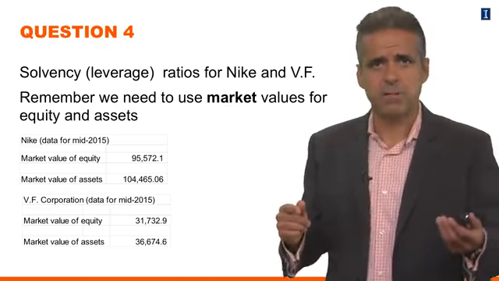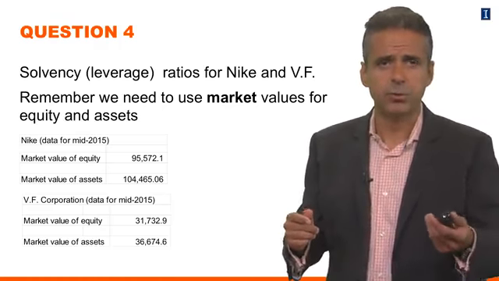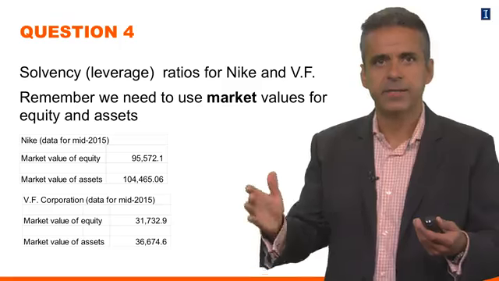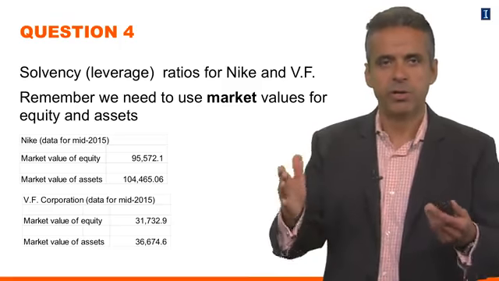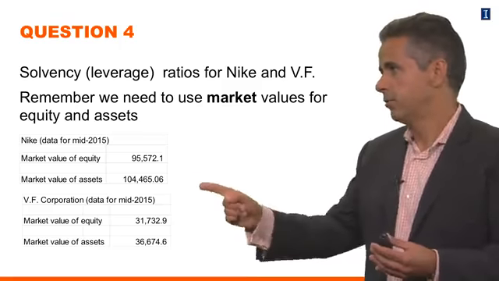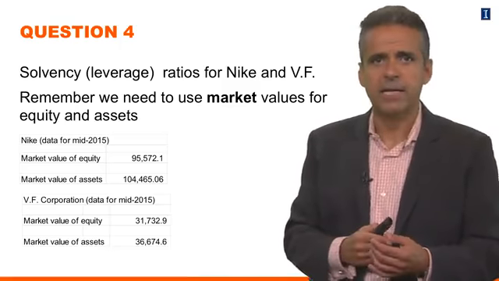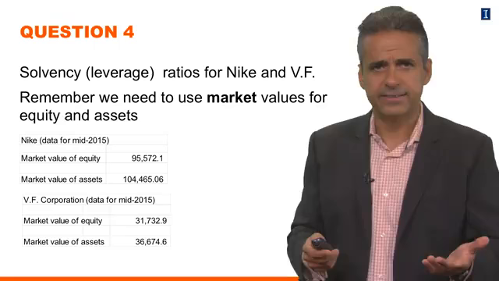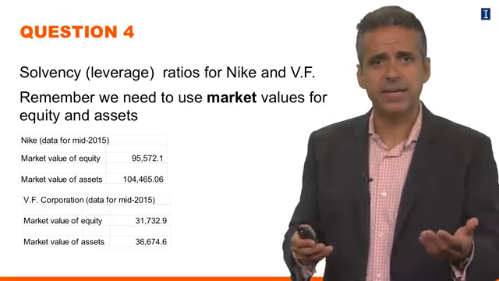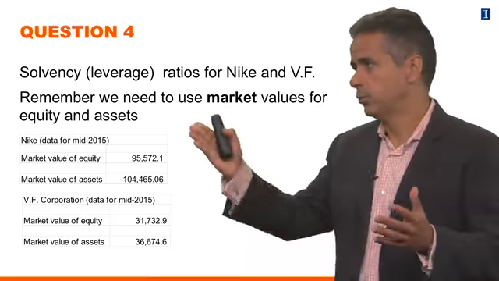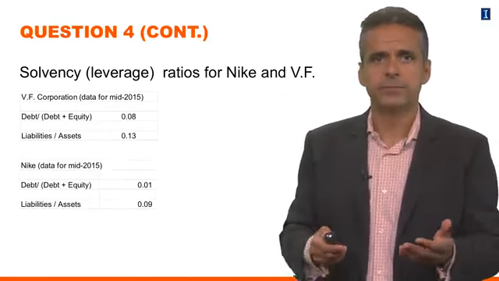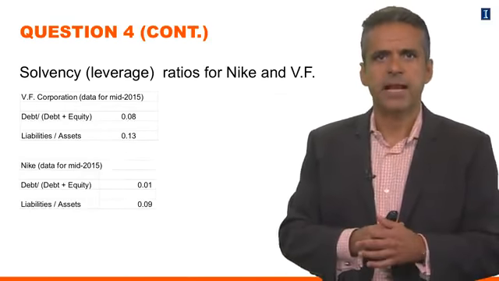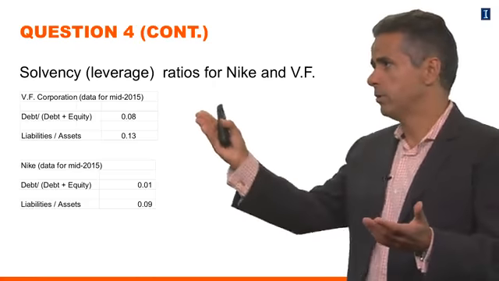And to compute the market value of assets, all you need to do is add liabilities to the market value of equity, as we learned in the lecture notes, okay? So these are the values that you should have using the latest data. As we discussed in the assignment, for this question, you only need to do it using the latest data, okay? Given this, the leverage ratios should be easy to compute, right?